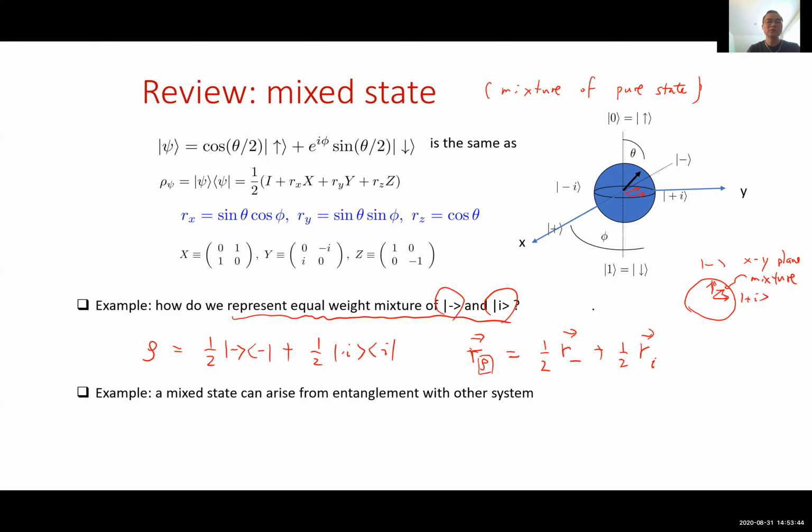So another example. This is what I did not emphasize last time. I talked about mixed state being mixture of pure state, but mixed state can also arise from entanglement with other system. What I mean is that suppose I write this as really a 2-qubit state. I have a minus state, but I want to actually derive it from an entanglement with other system.